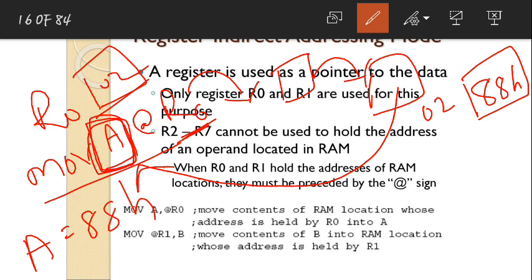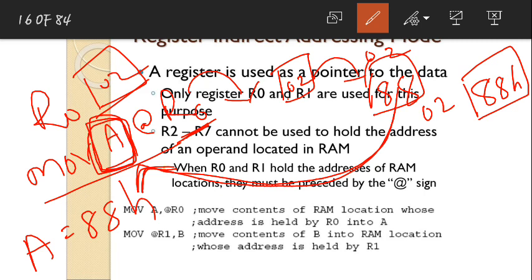First, whatever content is present inside R0 is assumed to be an address. For example, 02 is assumed to be an address, so this is the 02 location, and in this 02 location there will be the actual content to be moved onto the destination A. So here I am not directly moving the content of R0 to A, I am indirectly moving whatever is present in that 02 address location into the A register.